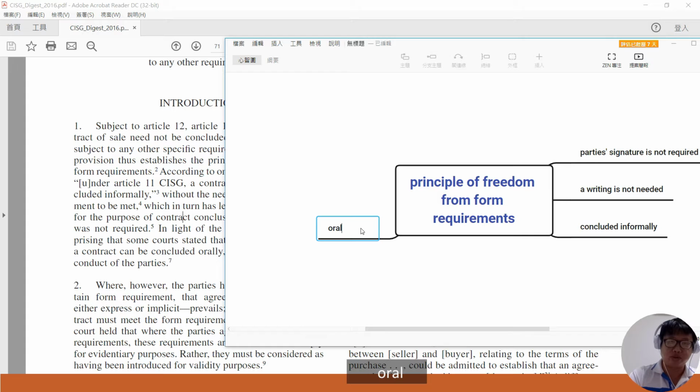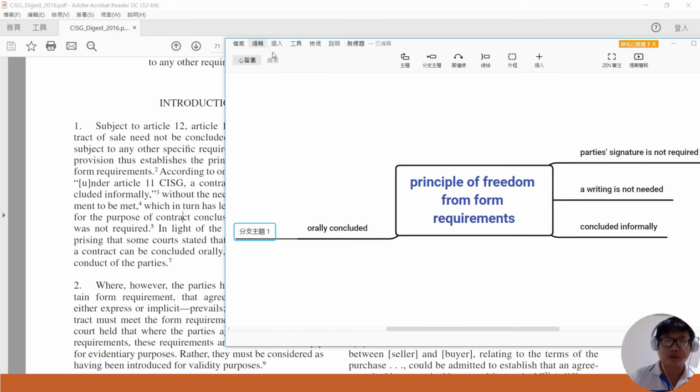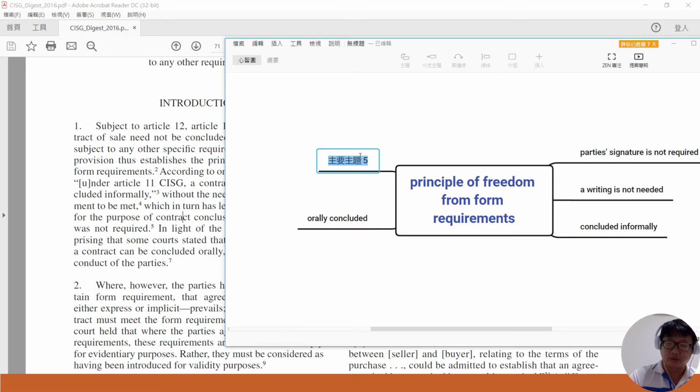So, concluded orally, and also the contract conclusion by conduct.